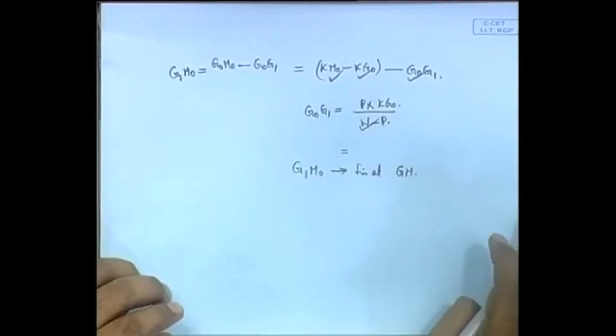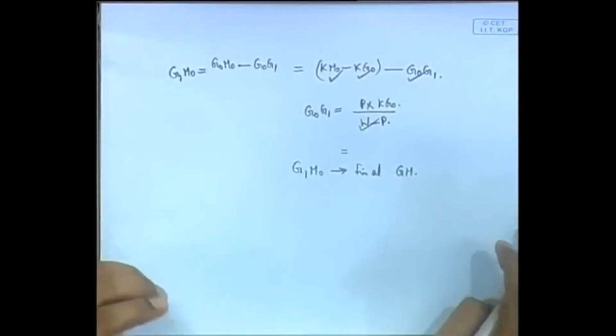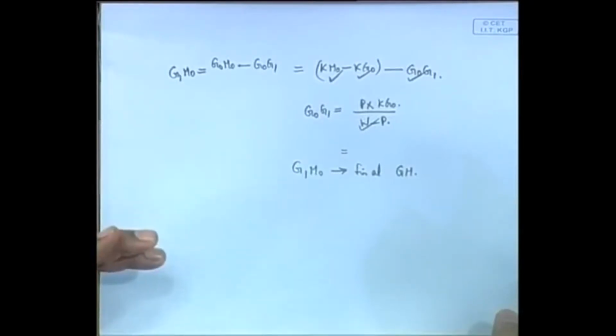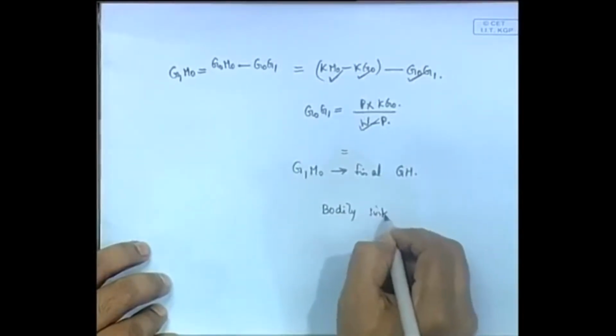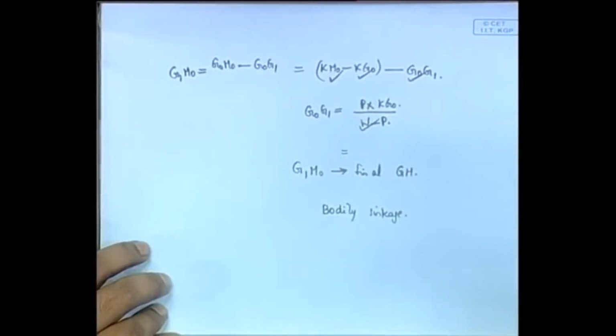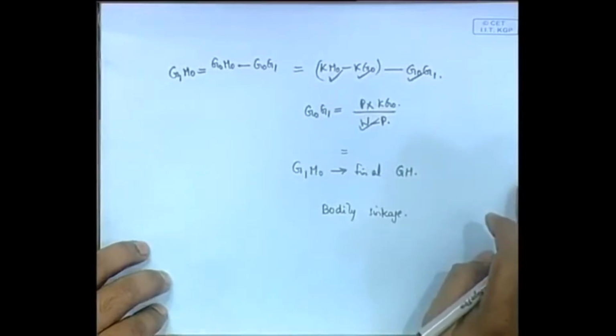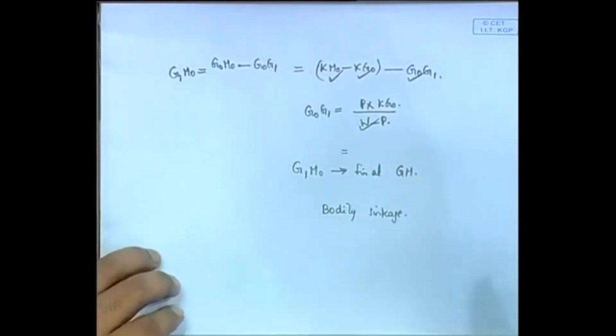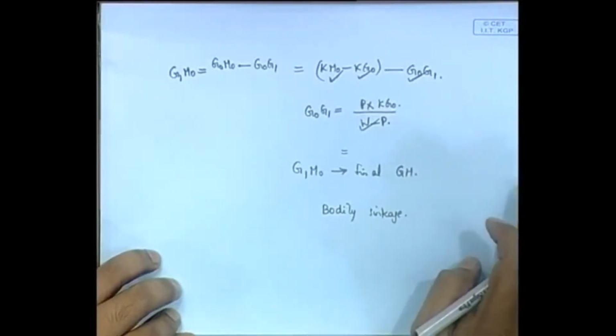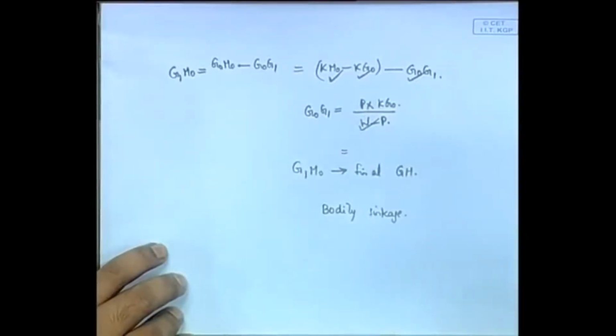This is one question. Then if you are asked to find the final draft, it is always found by, first you have to find the bodily sinkage, then you find the change of trim, then you find the change of trim aft, change of trim forward, then you add that change of trim to the initial trim in the forward and in the aft.